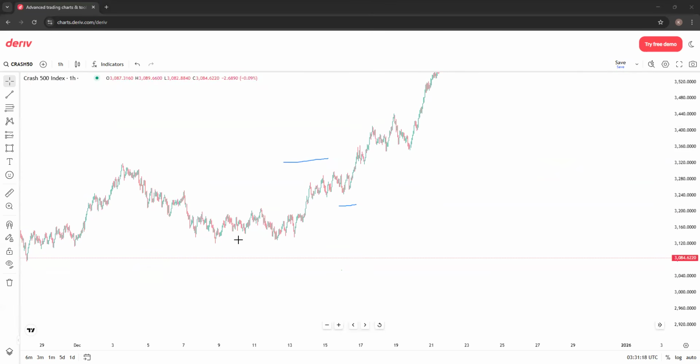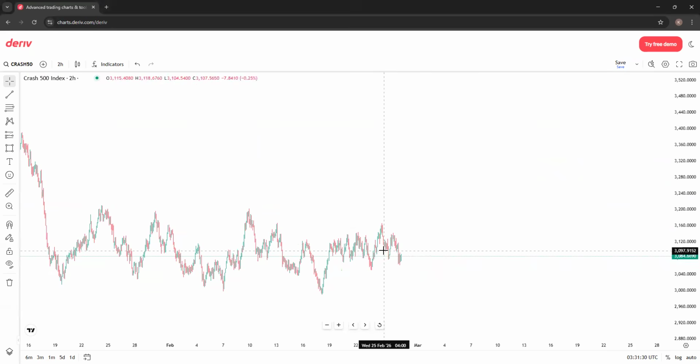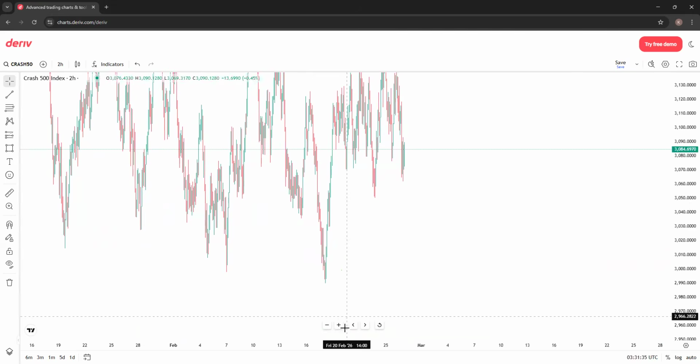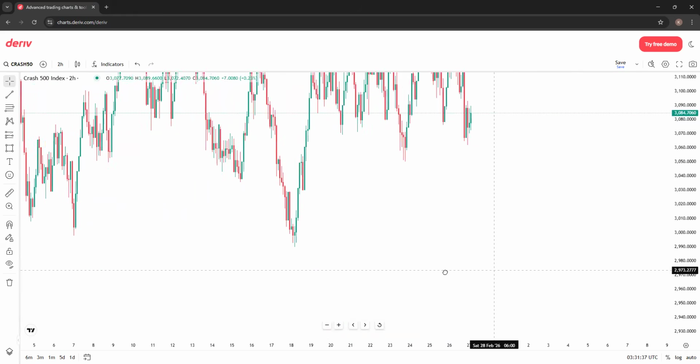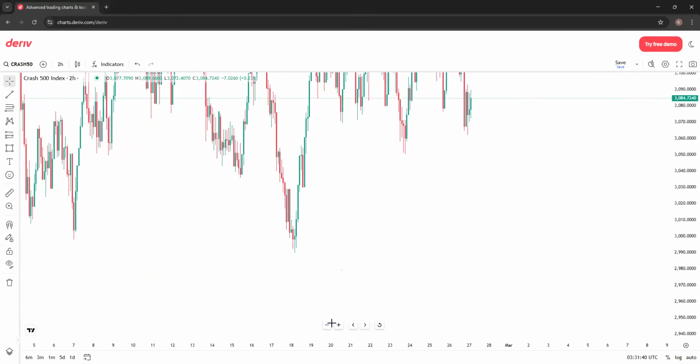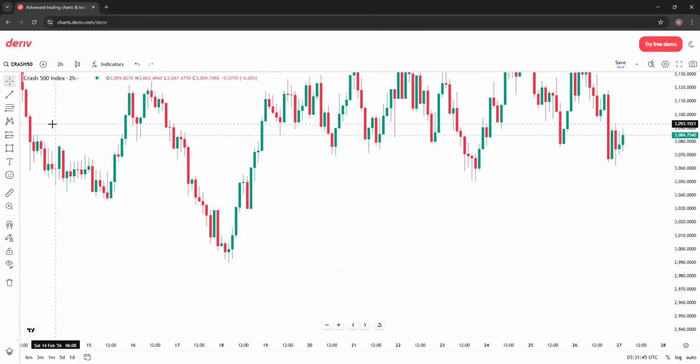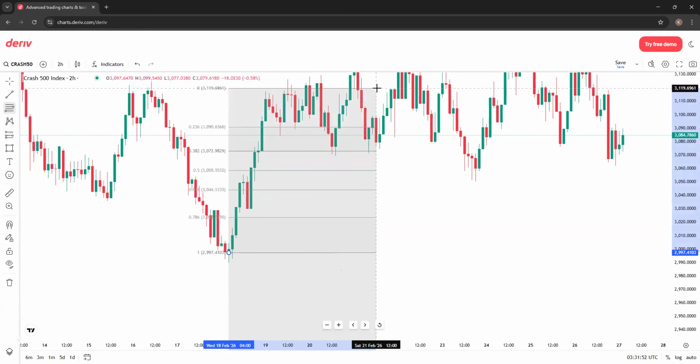So when we're refining an order block, let's say for instance we've seen an order block here, let's use this point over here. Let's say we've seen an order block in our 2 hour time frame. First things first, we want to mark which order blocks are valid.